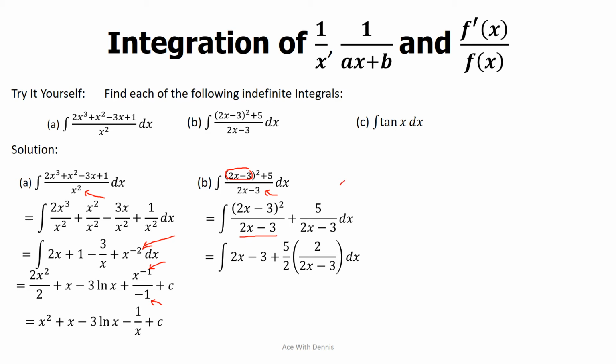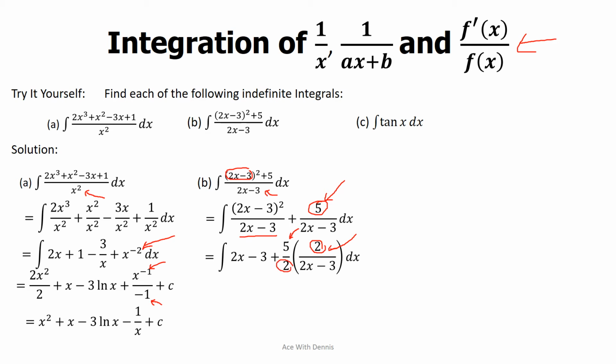For the second term, we want to put the fraction into the form of f prime x over fx. Therefore, the constant we put outside. At the top, we need to differentiate 2x minus 3, we get 2. Hence, there's a 2 here, and we need to put over 2 here.